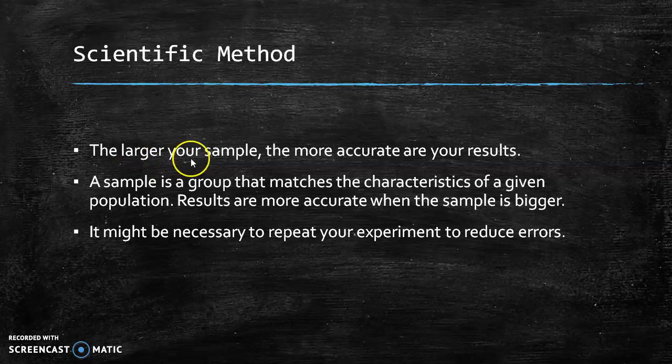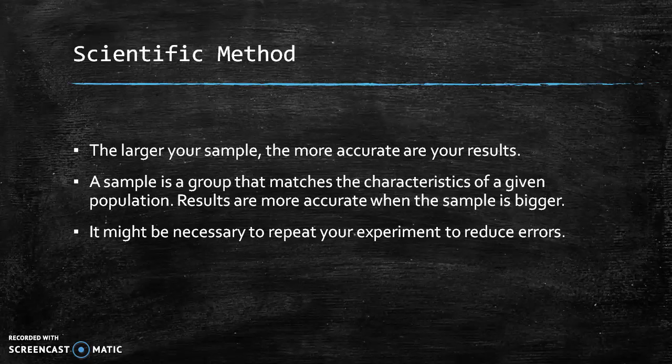And the next thing that we need to remember is that the larger your sample is, the more accurate your results are. Now, in this case, it's just me and my friend. But if we had more people doing this experiment, the chances are that this result is also more accurate.